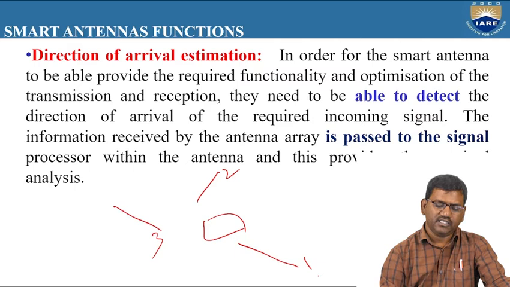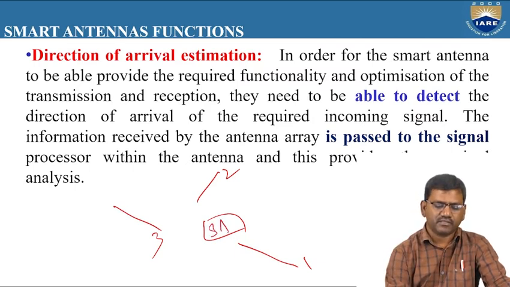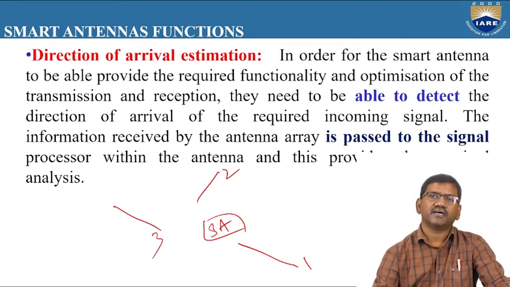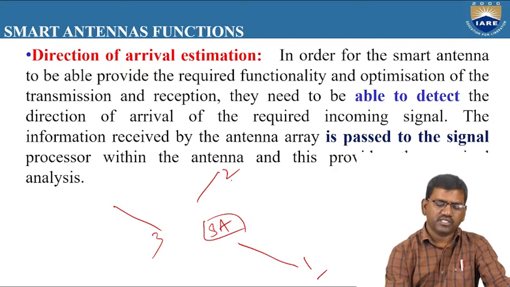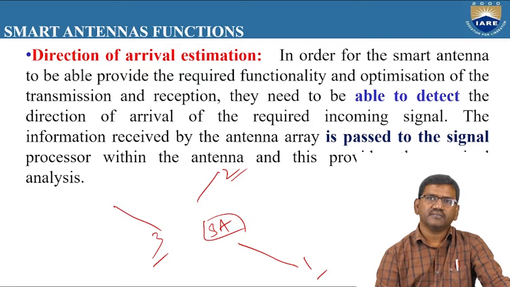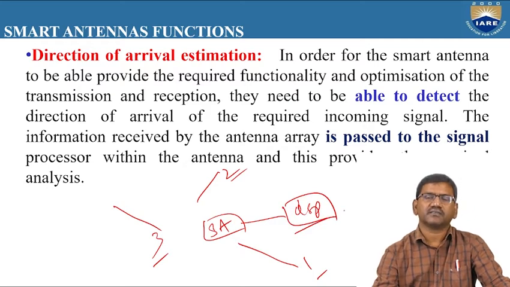Users 1, 2 and 3 send signals to the smart antenna array, which sends the information to the DSP. The DSP does mathematical calculations and analysis, and only then allocates a beam to user 1, user 2 and user 3.